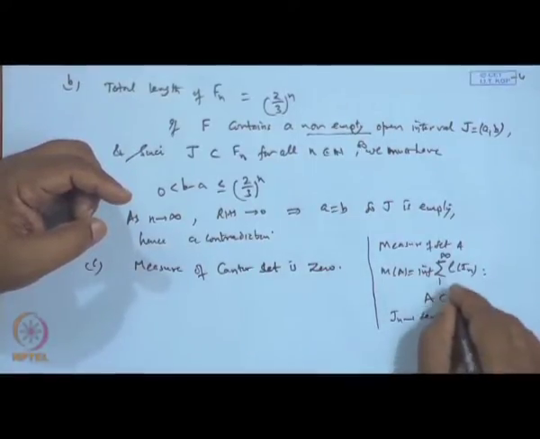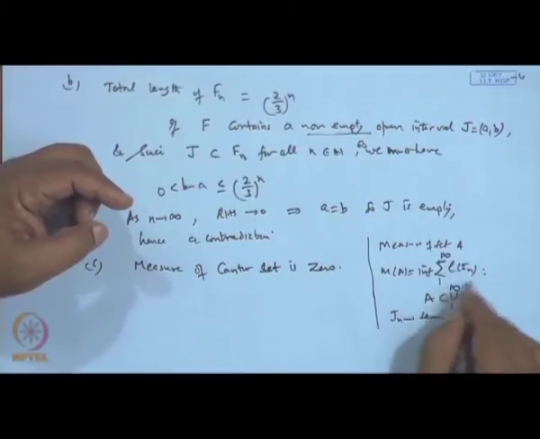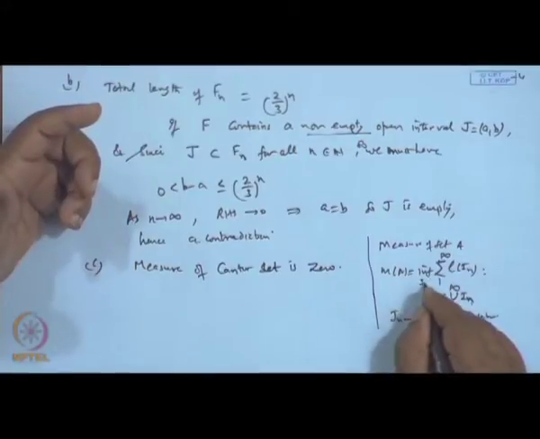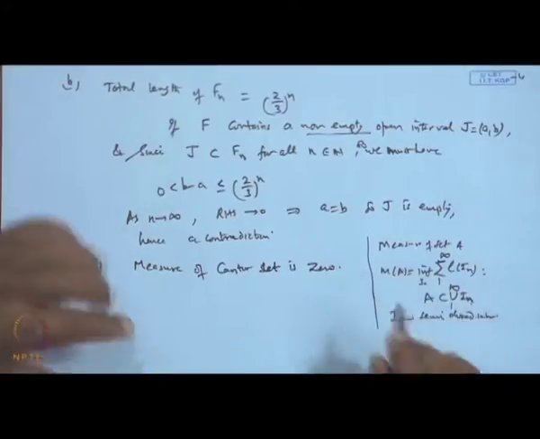So you take the lengths of the intervals, find the sum, and take the infimum over all such I_n's. If this infimum exists, then we say it is the measure.